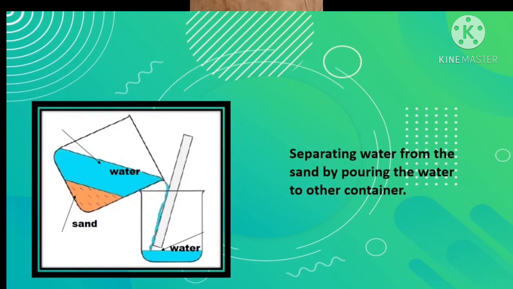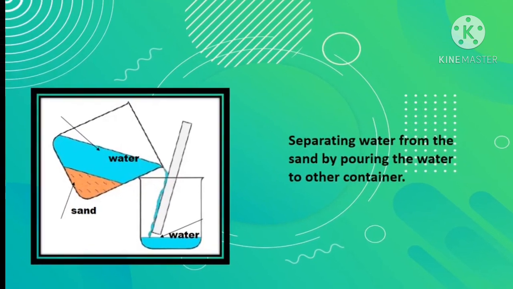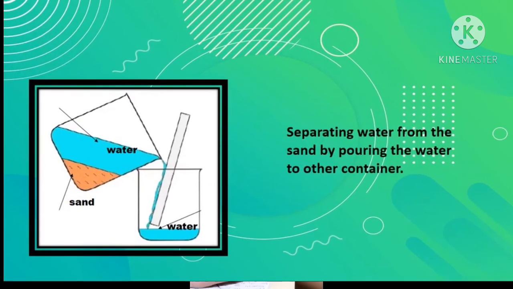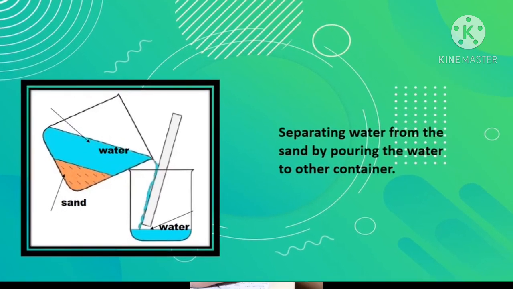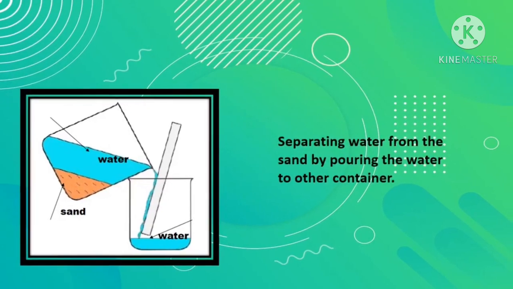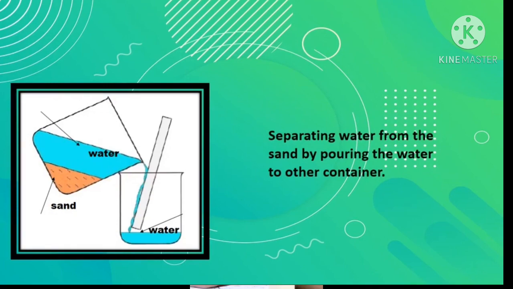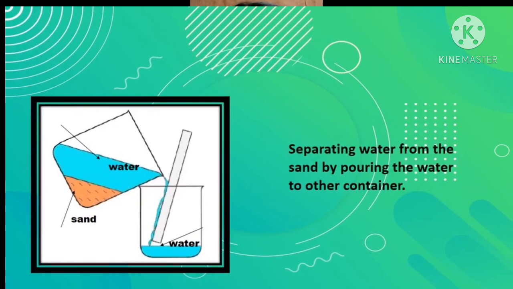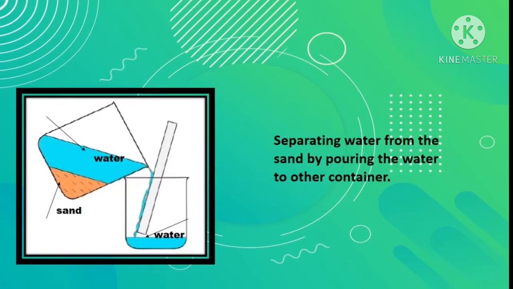As you can see, the mixture of sand and water. Once the sand settles at the bottom of the container, you can easily separate the water by pouring it into another container. Another example is the mixture of soil and water, because they have different densities.